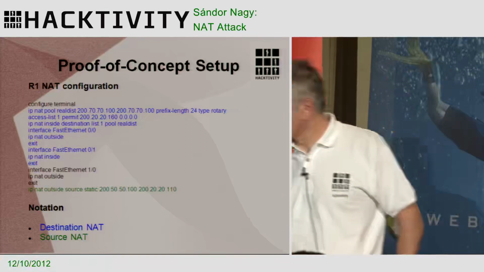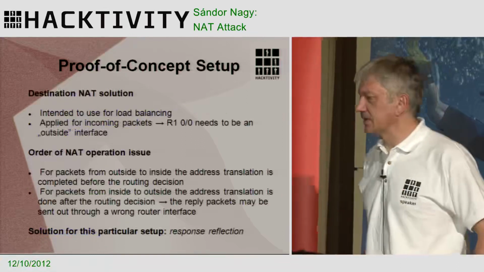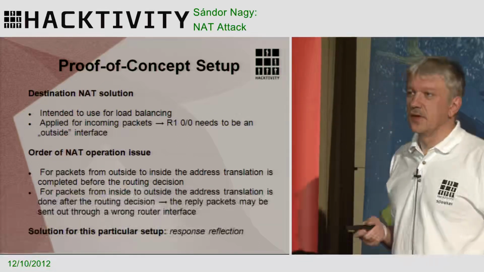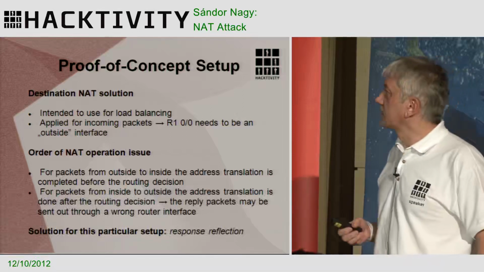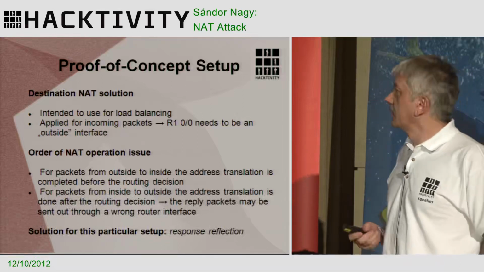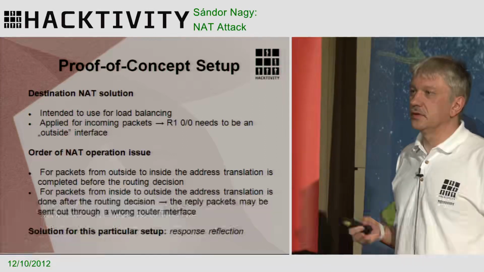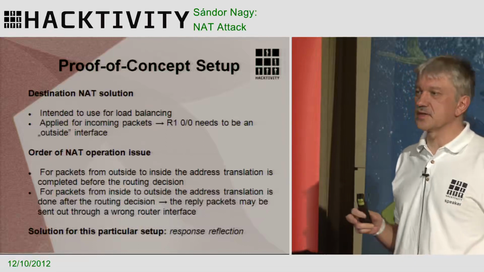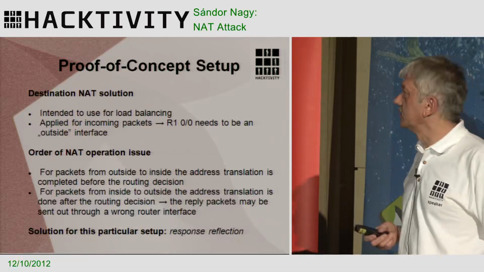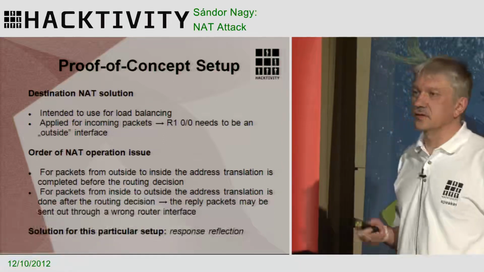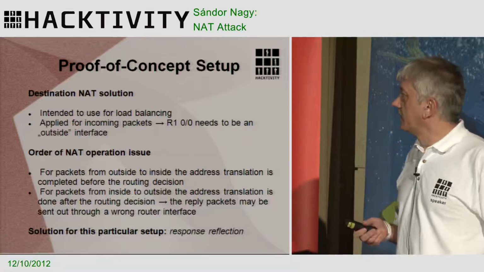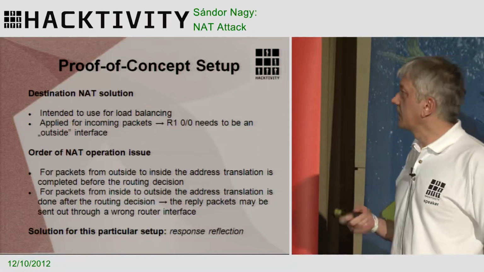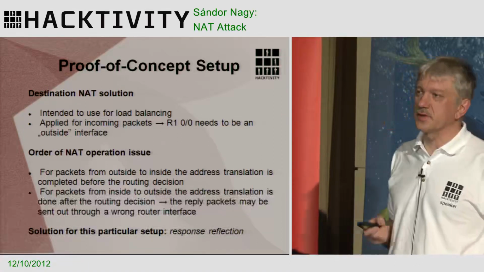What is the problem? Actually, the problem is the NAT order of operations. The router, in this case or in all cases of a NAT, should do two different things. The first thing is to apply the network address translation, and the other thing is to make the routing decision. If these operations are in a particular order, it can make problems from the attack's perspective.